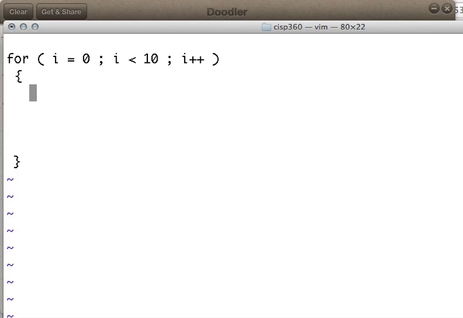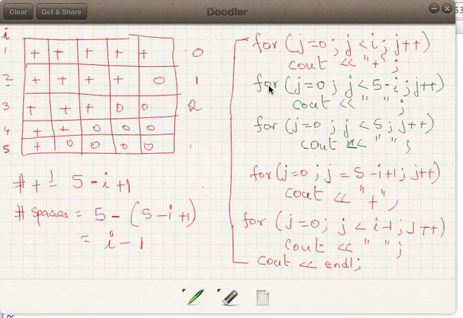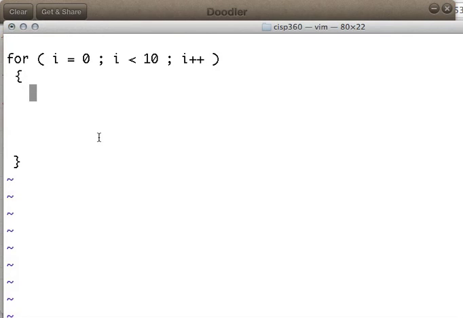How many for loops do we have? If you go back here, we have 1, 2, 3, 4, 5. All these for loops should be within this one. Okay, 5 for loops. That will do it. We'll again go and discuss in the class. Okay, thank you.